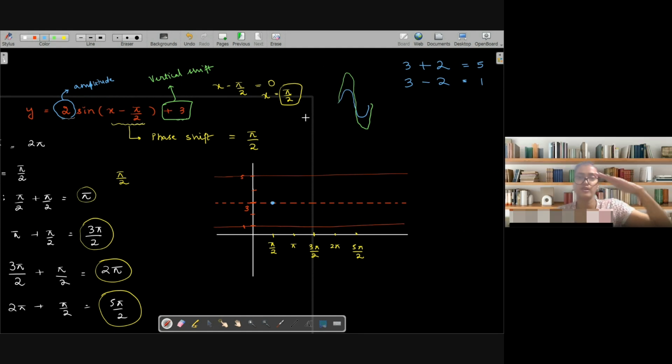After the intercept, the graph of sine is like this: you get the maximum point, and that will happen at pi. Then after pi, we again get the intercept, which happens at 3 pi over 2. Then after the intercept, we get the minimum value, which happens at 2 pi.